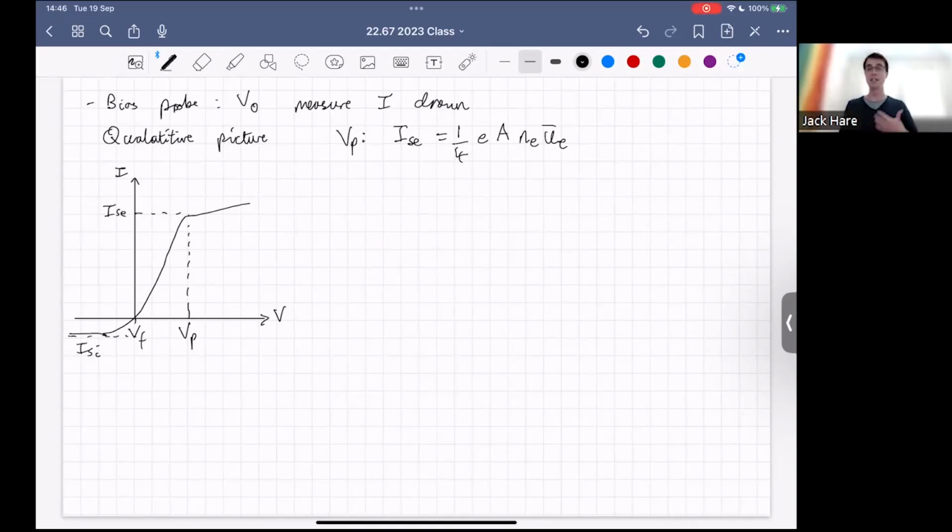We showed that earlier, so this is obviously quite a large current. Another place that we know, as I said, is at the floating point here, where the current is just going to be equal to 0.